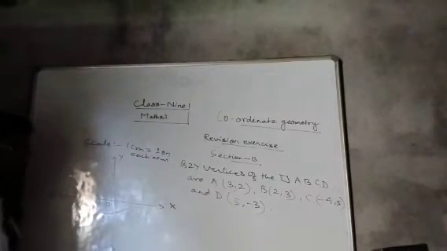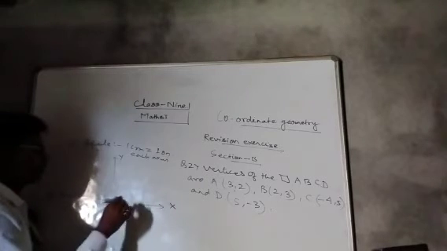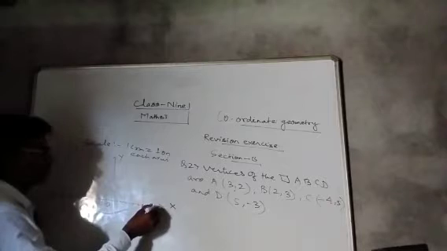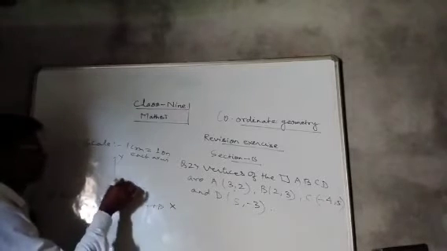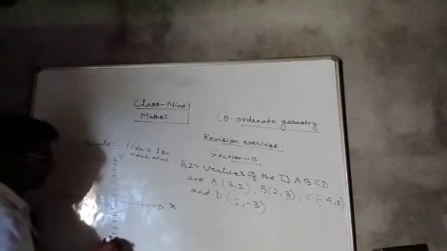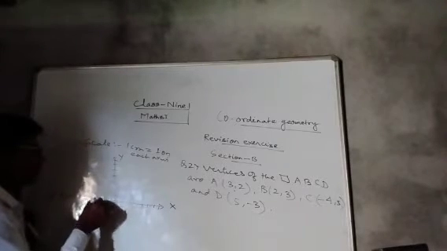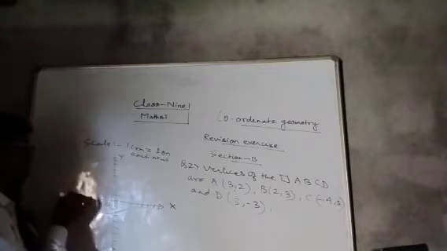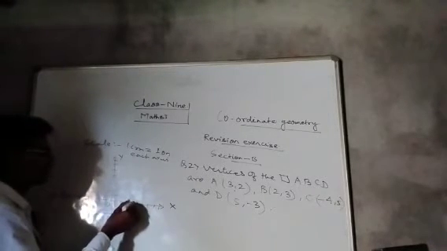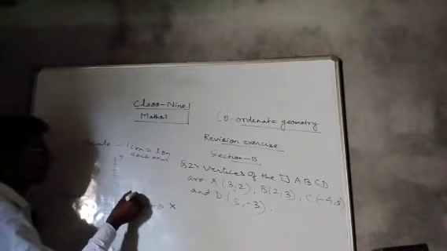Next we plot the points. Say 3 comma 2: 1, 2, 3. You will get markings in graph paper after each 1 centimeter. Here I am not using graph paper, so I have made markings. Now 3 comma 2, 3 and 2.